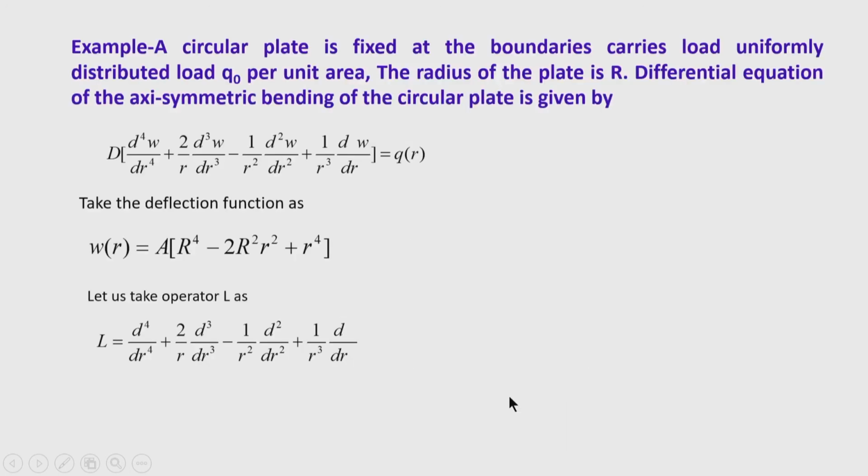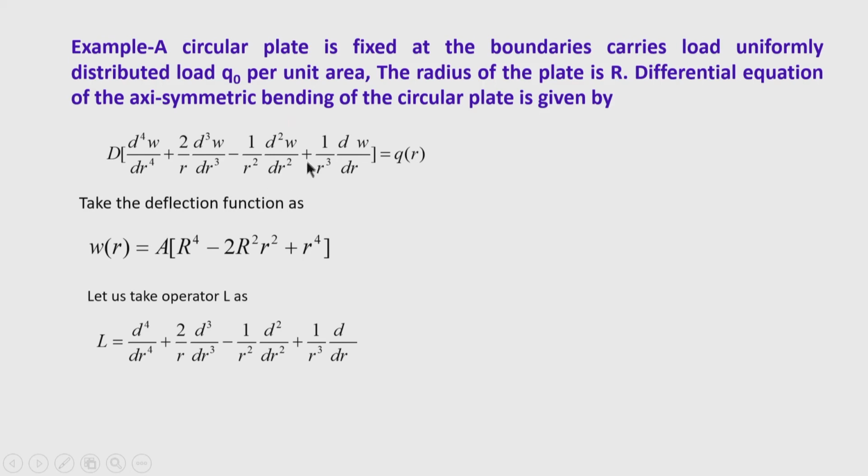Okay. Now, a circular plate is fixed at the boundaries and carries a load uniformly distributed over the area. The radius of the plate is r, and the differential equation of the axisymmetrical bending of the circular plate is given by this.